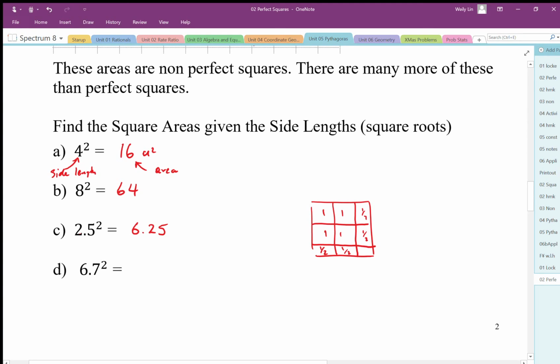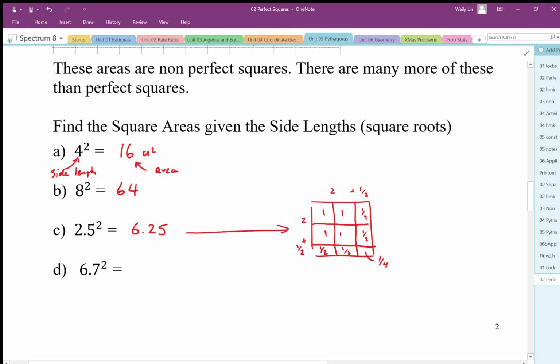Okay, so that gives me 6 squares, and then 1/2. This is 2 plus 1/2, 2 plus 1/2. This 1/2 by 1/2 is going to give me the extra 1/4, which is 6 1/4. Okay, so when we make that, that's a perfect square, and we have the exact length of 2.5 along the edges.